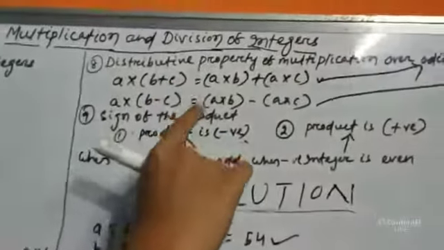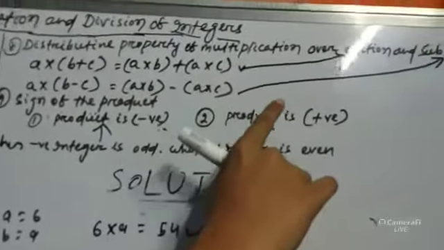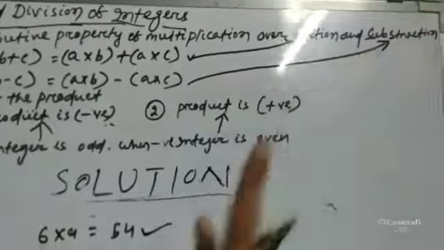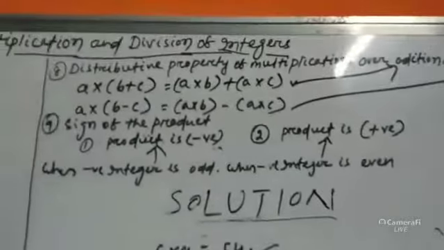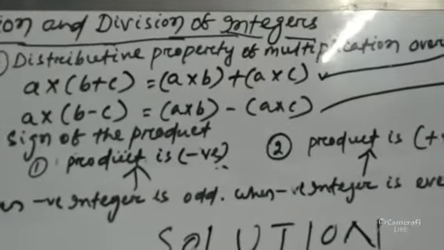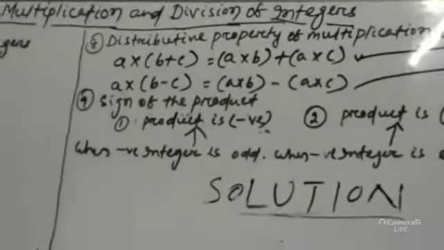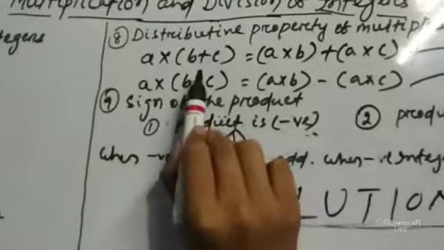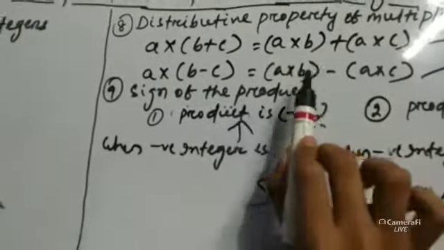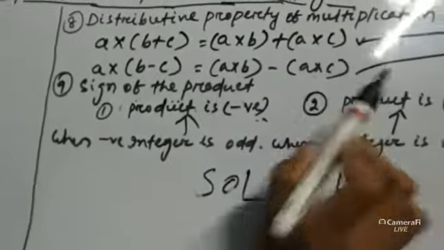Now we'll go for distributive properties of multiplication over addition and subtraction. Such as a into b plus c equals a into b plus a into c.